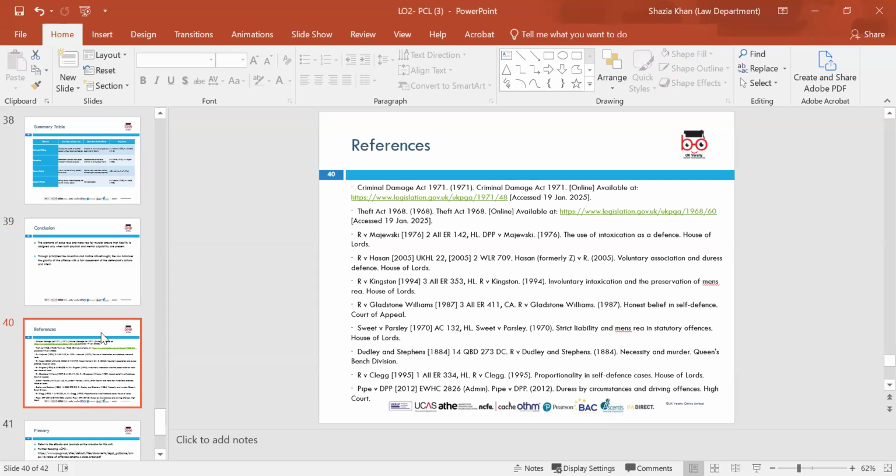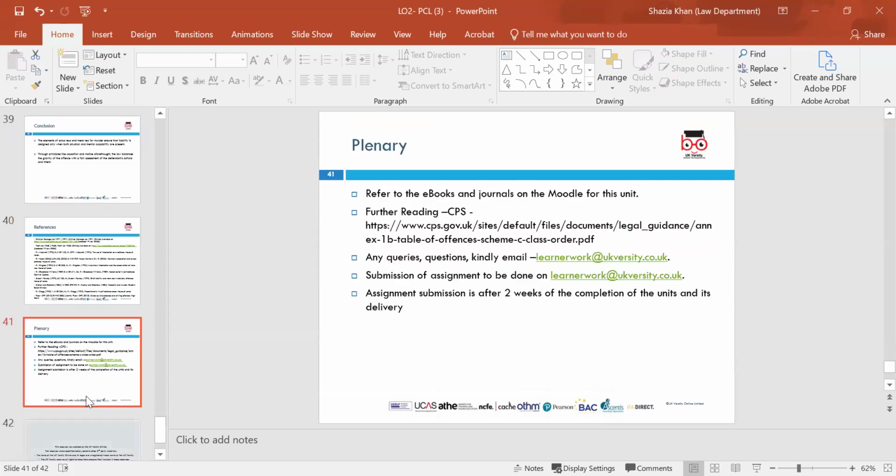Also, what we have done is we've looked at preliminary reading, which looks at some ebooks and additional reading on Moodle that you could go on to have a look at in your own time.